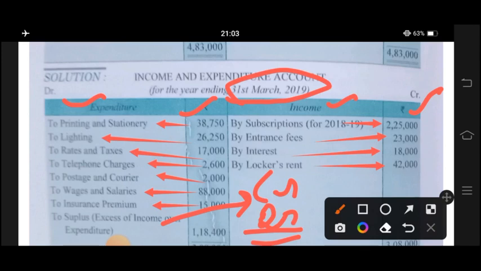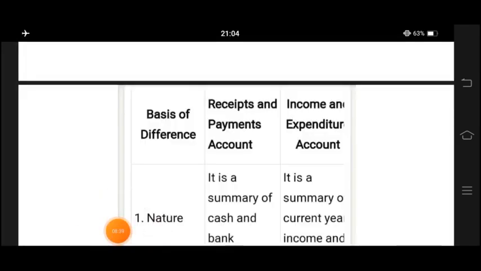So now see the difference between income and expenditure and receipt and payment. As you can see here, the distinction between receipt and payment and income and expenditure is made on the basis of some identified criteria. So let us discuss this difference.